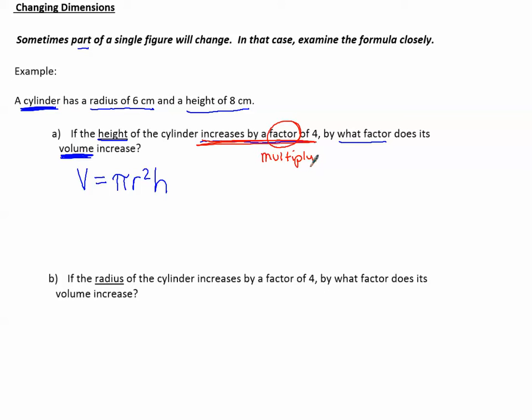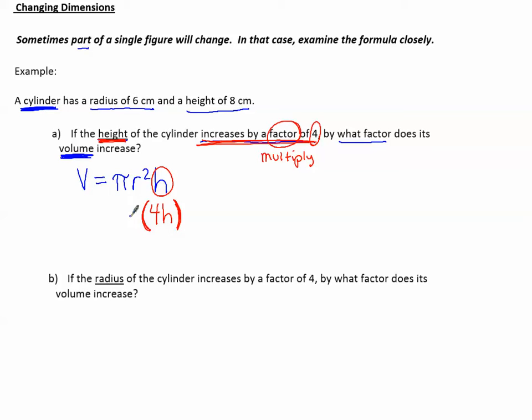So we are multiplying by 4 to the height. So we're going to change just the part of the height to be multiplied by 4. So instead of h, it will be 4h. Because it's multiplied, it increases by a factor of 4.